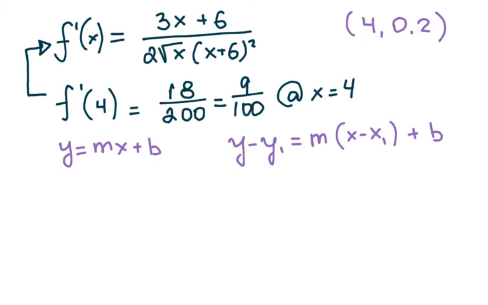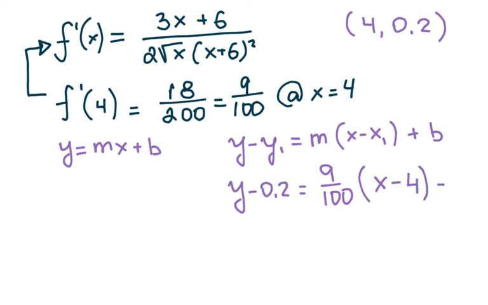If I plug in for y 0.2, I will have y minus 0.2 is equal to the slope at that point, 9 over 100, times x minus 4.